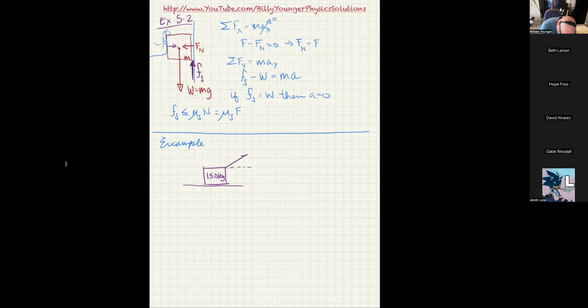That force is going to be at a 30.0 degree angle, and its magnitude will be 42.0 newtons. We have a kinetic coefficient of friction, so let's say mu kinetic is equal to 0.30. And what we'd like to know is what is the acceleration?